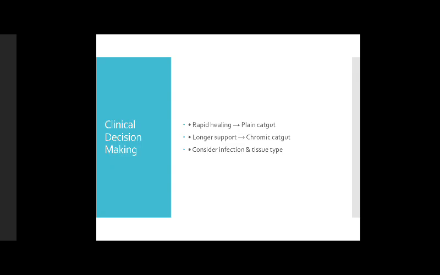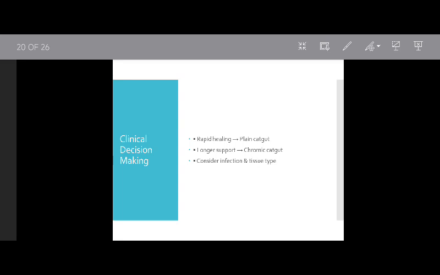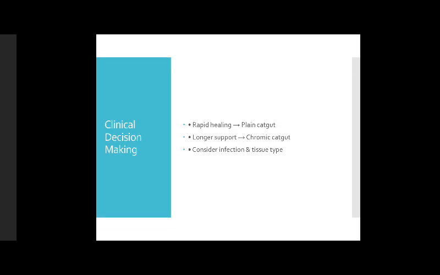Clinical decision making. If we need rapid healing, we should use plain catgut as it has the shortest absorption time of 60 to 70 days. And if we need longer support, we should use chromic catgut as it has a longer duration of absorption, around 90 days, so it will give a longer duration of support.